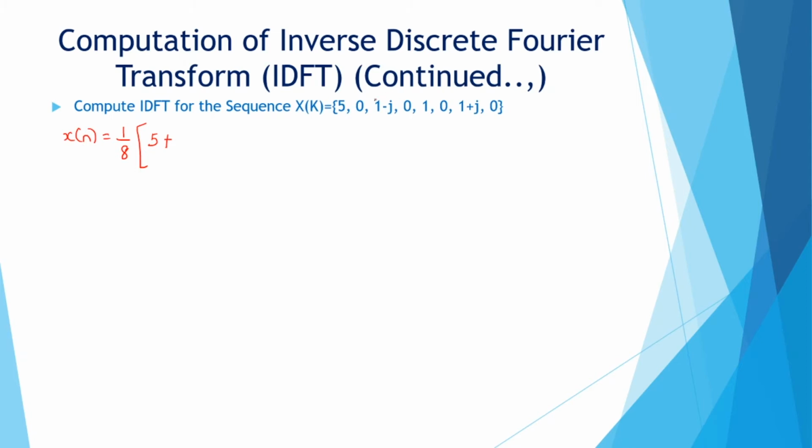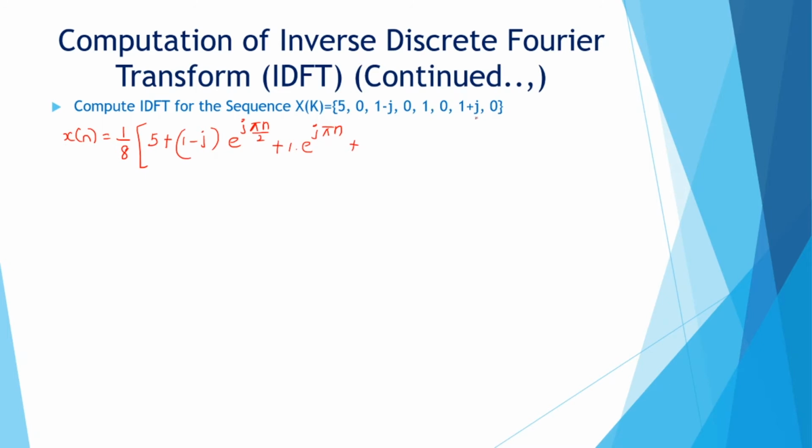X of 2 is 1 minus j, so it is 1 minus j e power j pi n by 2, plus again X of 3 is 0, so you can go for the next term. It is simply 1 into e power j pi n, plus the next term is again 0.